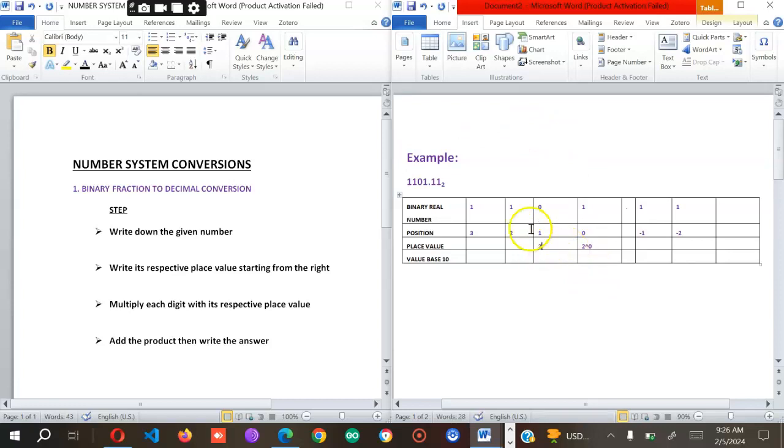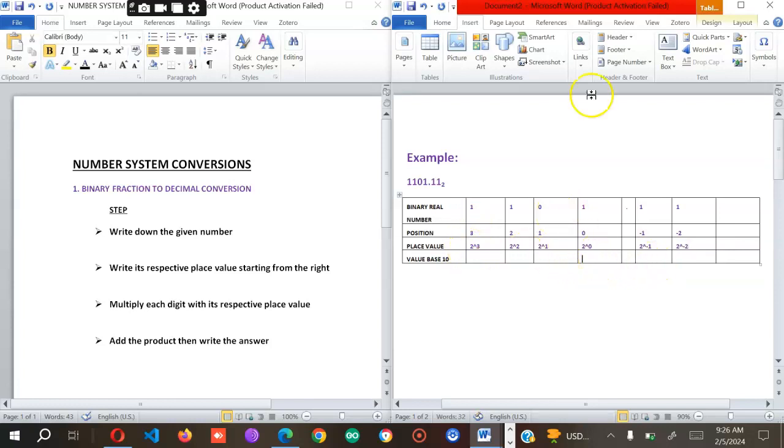While this is 2 raised to power 1, this is 2 raised to power 2, and 2 raised to power 3. So these are the bases raised to the position. Then on the other side after the point we have 2 raised to power -1 and 2 raised to power -2.